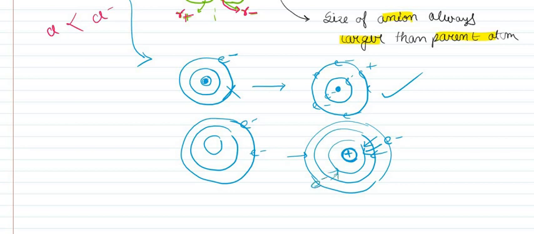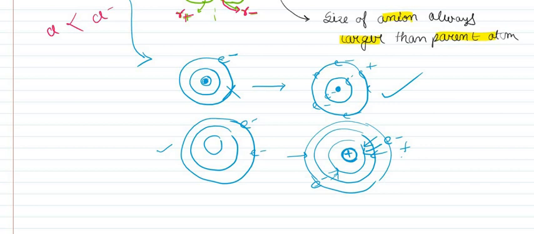That is why the size of magnesium plus or magnesium 2 plus will decrease from the original magnesium. Similarly, for any positively charged ion, if we remove an electron, the other electrons experience more force because the positive charge remains the same while the negative charge has decreased.